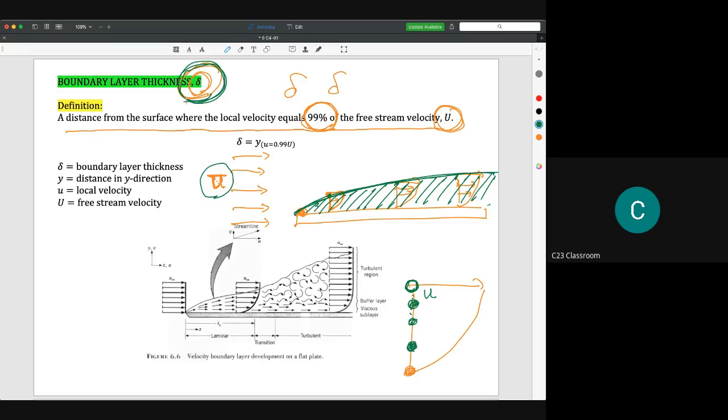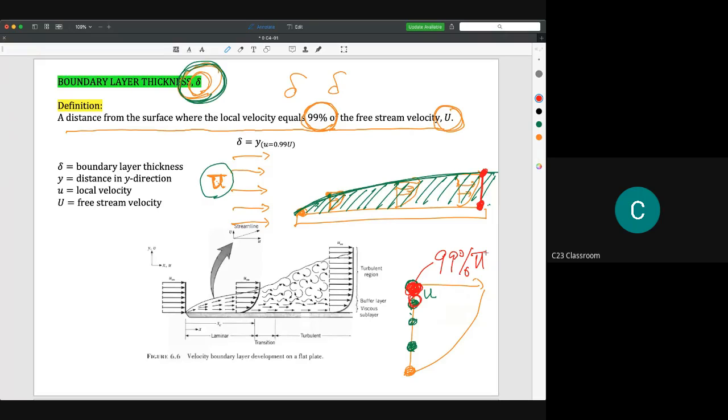In real life, the boundary layer thickness is the thickness from here to here, meaning from the surface to the location where the local velocity u is 99% of the free stream velocity. So it is 99% of the capital U. That is the definition of boundary layer thickness.